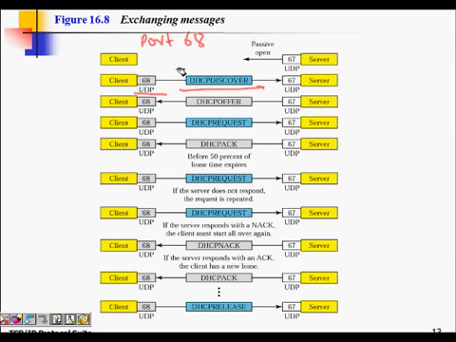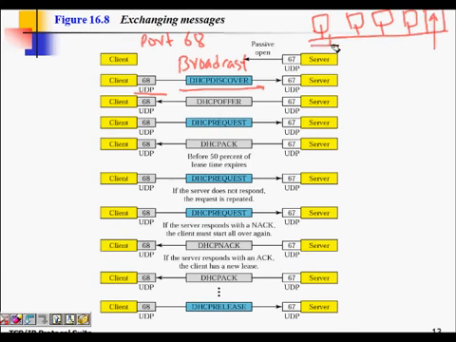It's a broadcast to everyone on my LAN: please tell me what IP address I should choose. Each server gets this message, and the server replies back, I'm sending you an offer, and the DHCP server runs at port number 67.